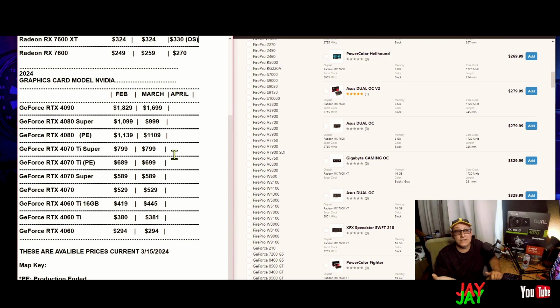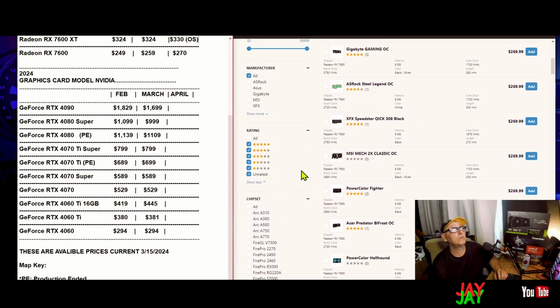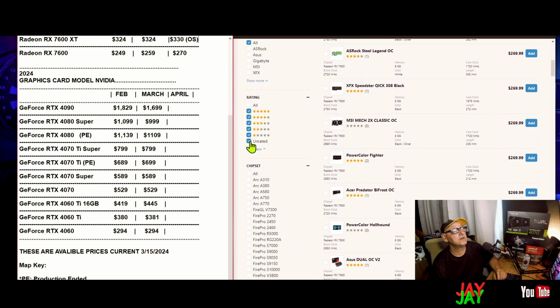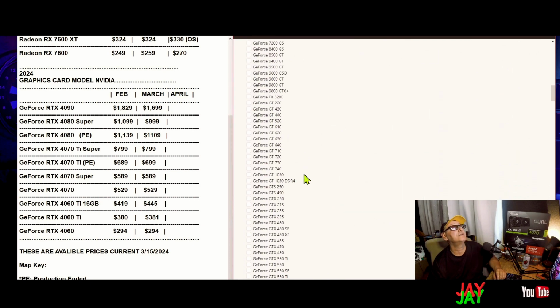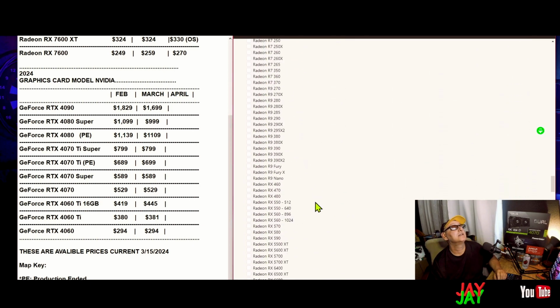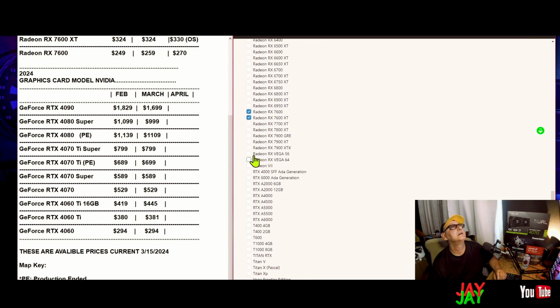PC Part Picker usually keeps up with pricing across most major online retailers, and that's why we're doing it. So let's take the unrated off, and uncheck these two.